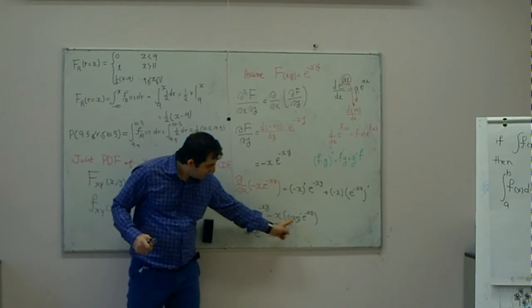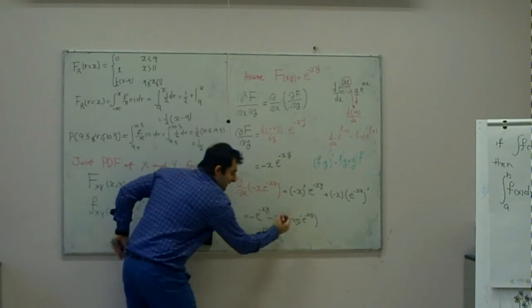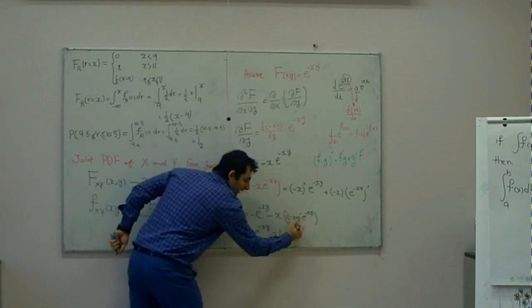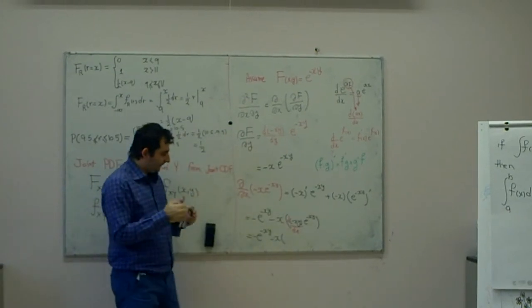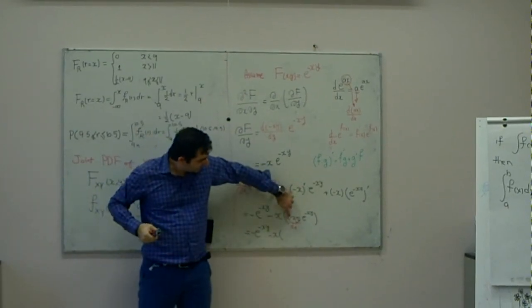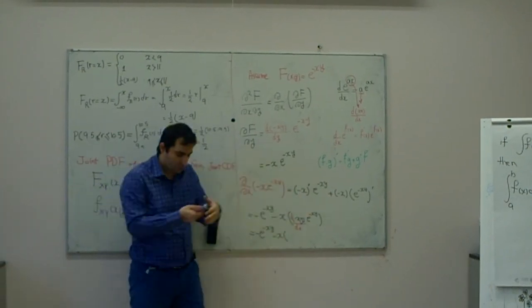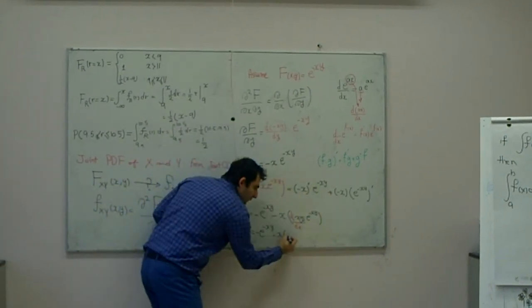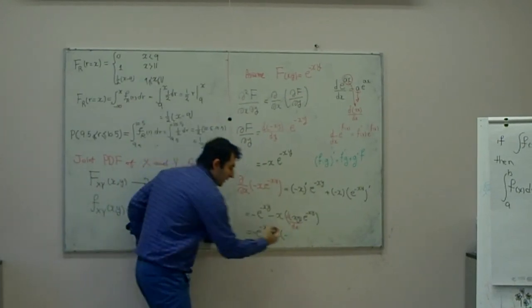Derivative of minus xy with respect to x. So this is d over dx. Instead of dy, I have dx. What can we say about minus? Constant comes out. What can I say about y? Constant, it comes out.